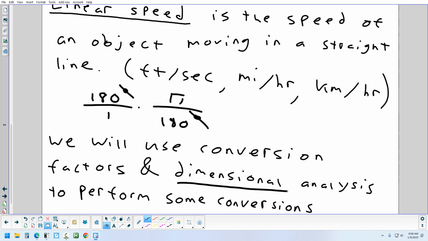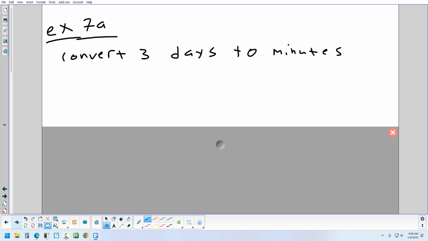So we're going to start by practicing converting like days to seconds or seconds to days. We'll try something like that. So we'll start just by looking at a time and see if we can change that from one unit to another unit. Okay, so we're going to try to change days to minutes.